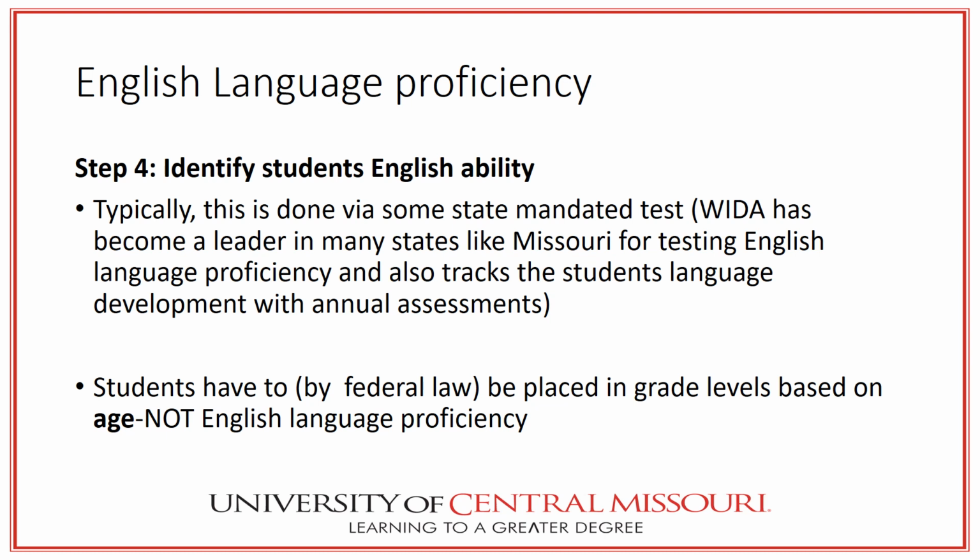Every student who speaks more than one language will either be screened or will have transfer scores coming from another school district when they enroll in the district. So typically this is done at the district level before they get to you in the classroom or shortly after they enroll.